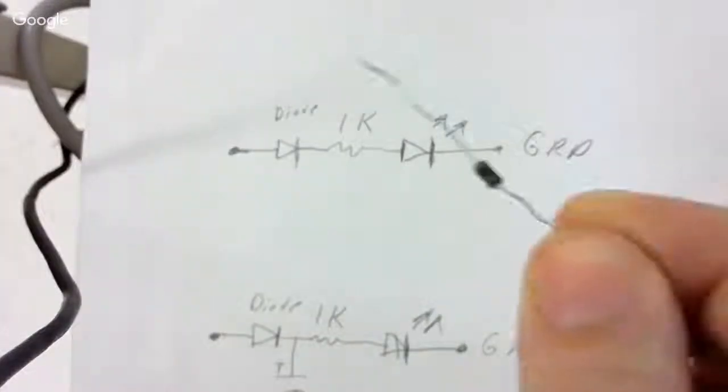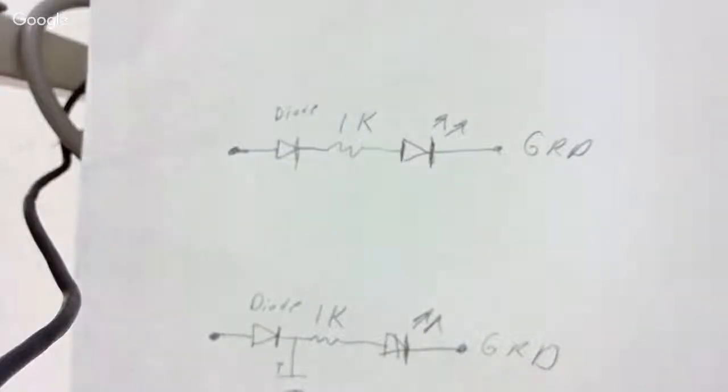And so there is a polarity for these diodes, and you'll get a diode out of your kit. Let's see if we can identify the number off this diode in your kit.